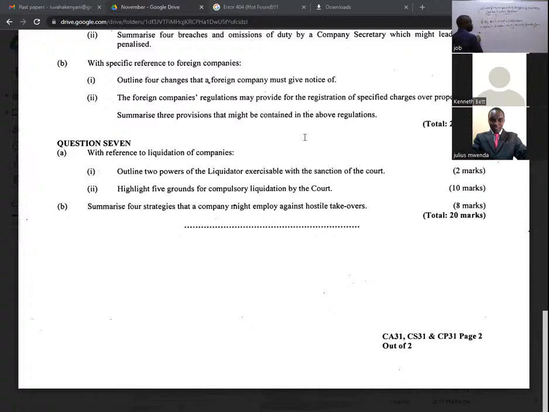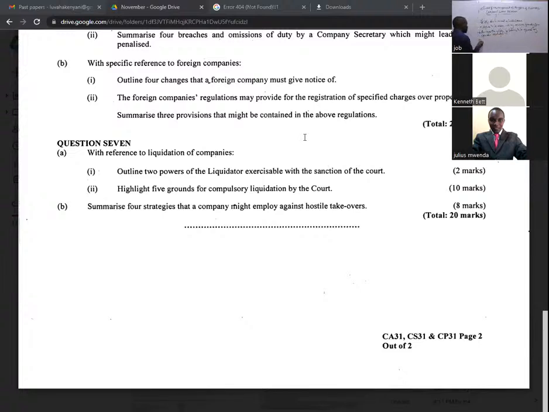Then what they can also do is amend the articles for takeovers to be approved by a special resolution. You can just say by a special resolution. So that is 75% and above of membership, right?